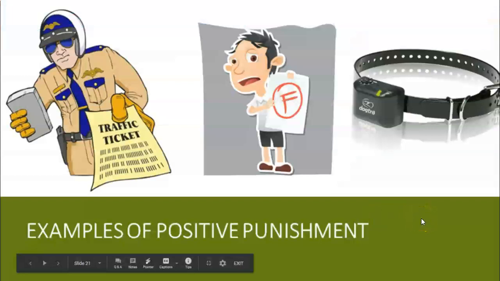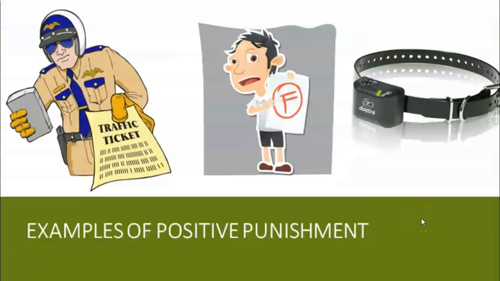Okay, examples of positive punishment. Remember, this is when we are giving something negative in order to decrease the behavior. So if you are speeding, which I know none of you would do, we give you a traffic ticket. The ticket in and of itself doesn't really have any power, but it represents you having to pay a fine and usually go maybe to traffic school or something.